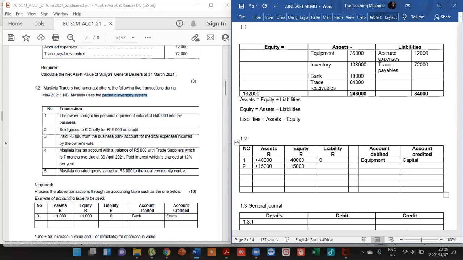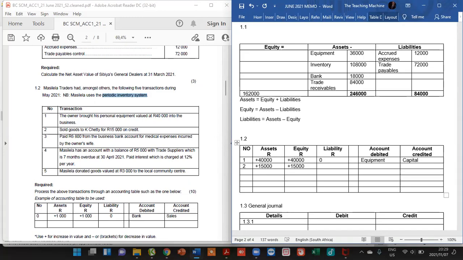Okay. So students, if the business uses the periodic inventory system, it means that you'll have two accounts on every sale. But if the business uses the perpetual inventory system, then you'll need to show the effect of the trading stock.